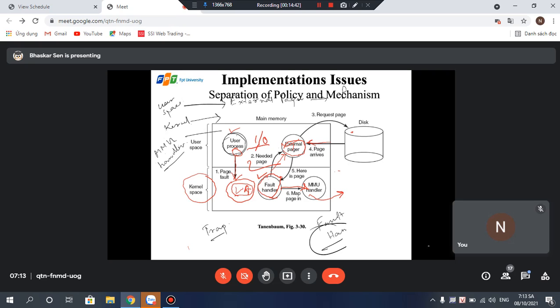We know it. The kernel is alerted. It's a trap to the kernel, and the kernel is alerted. And what the kernel will do, of course, the first thing it does is to save everything. Save the registers, save the PC, especially the PC.